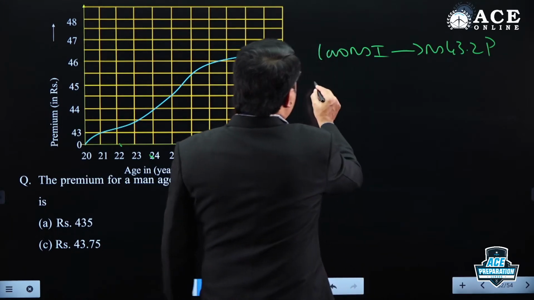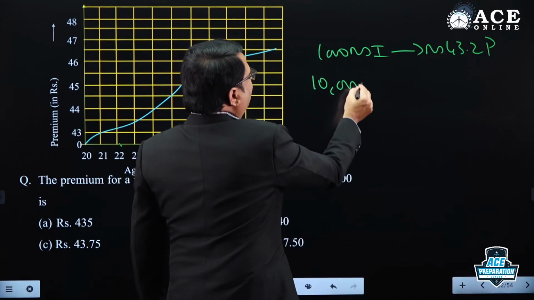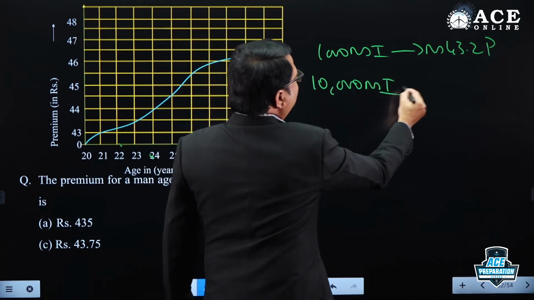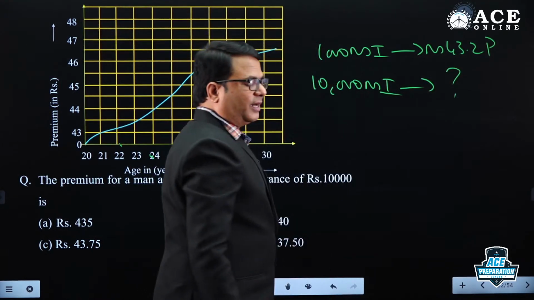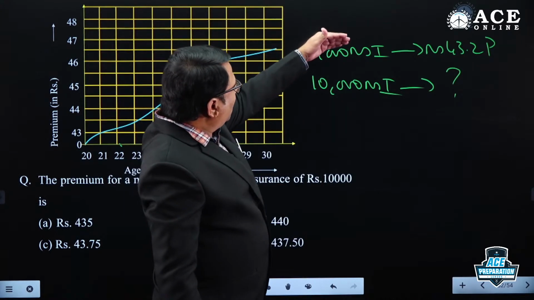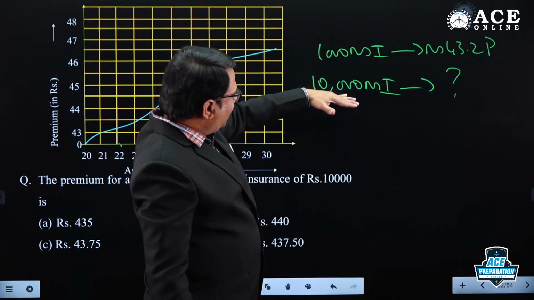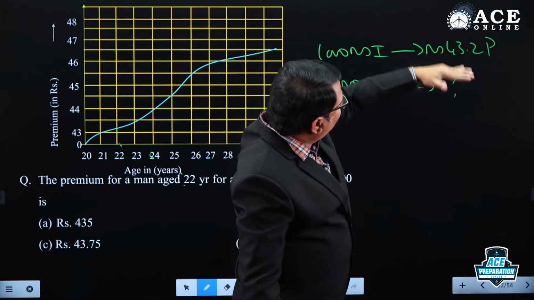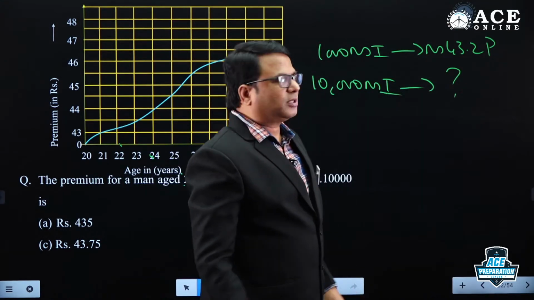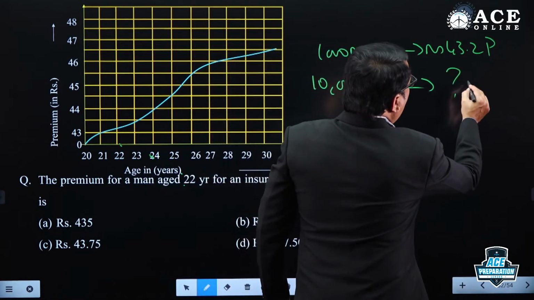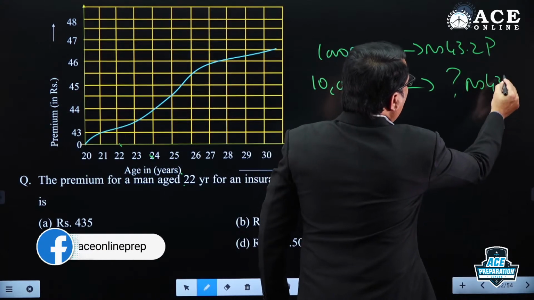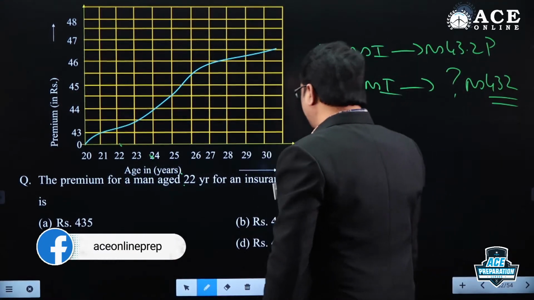Then for 10,000 rupees insurance, you have to pay how much? That is the logic. The left hand side is becoming 10 times, so the right hand side will also become 10 times. And 10 times of 43.2 is rupees 432. So the answer is 432.